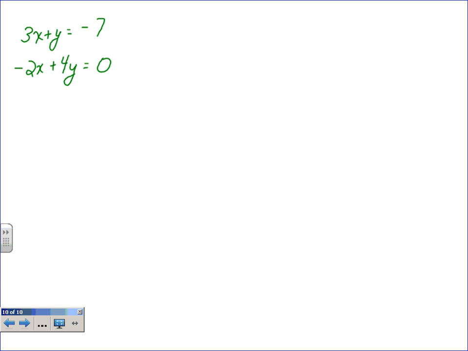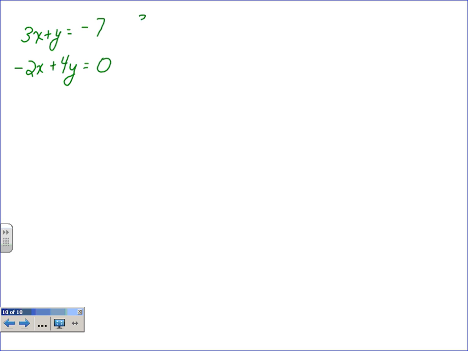Well, not this one. This has a coefficient of 2. This has a coefficient of negative 2. This has a coefficient of 4. This has a coefficient of 3, but this has a coefficient of 1, right? 1y. That's what I want to look for.